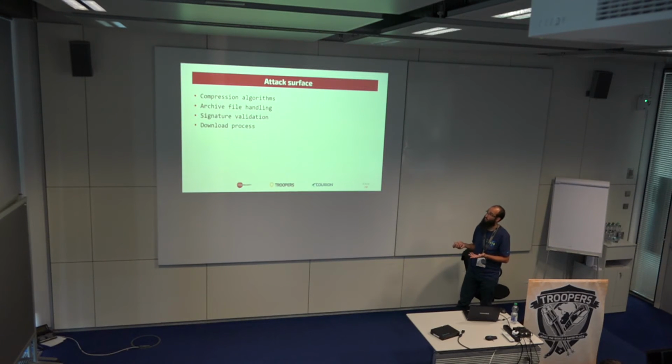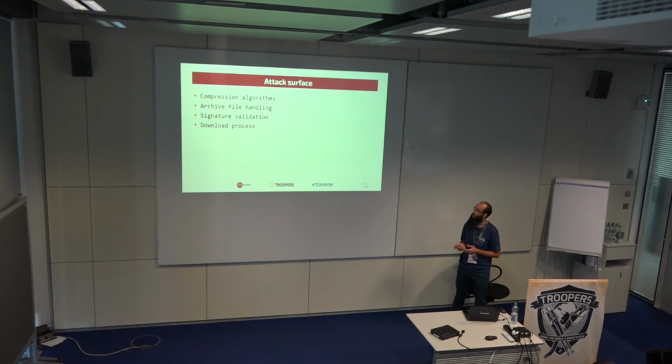Obviously, as I mentioned, something that is really in the attack surface is the signature validation. If we find a way to bypass the signature validation, that would be really interesting for an attacker, because she will have the chance to provide SAP customers with files that seem to be validly signed, but can contain malicious content or can be tampered with in specific ways.